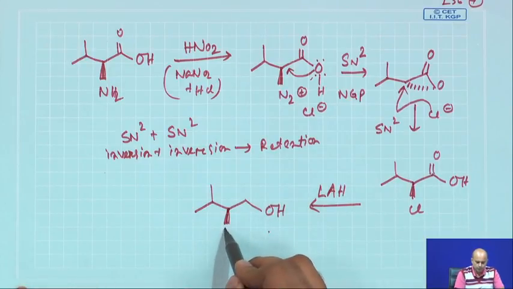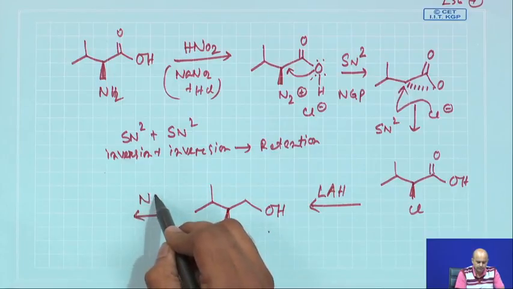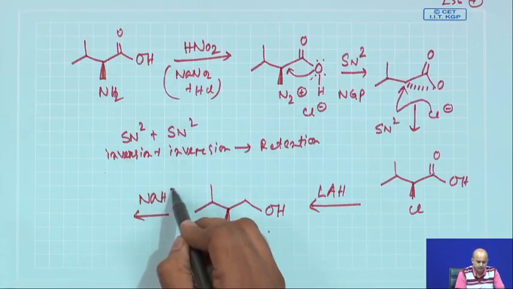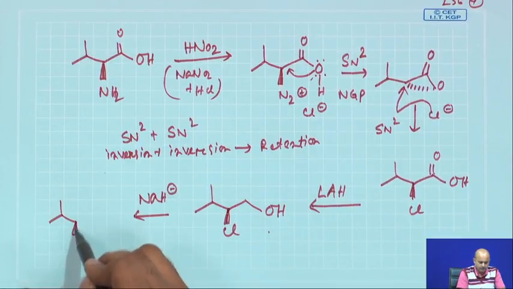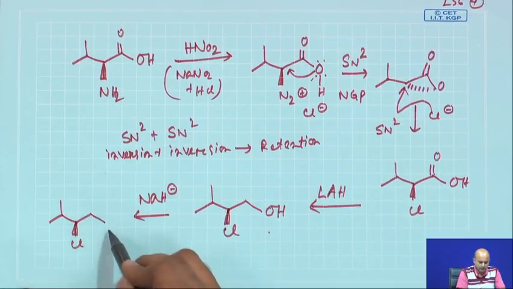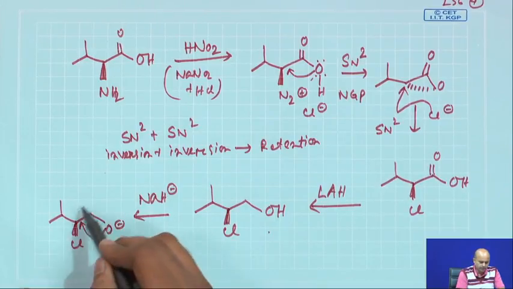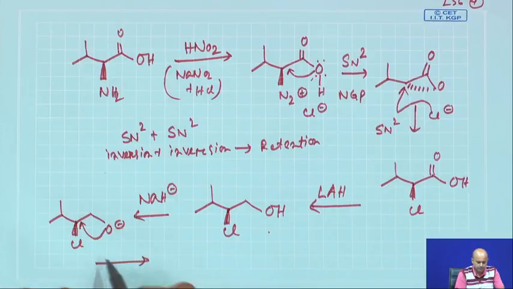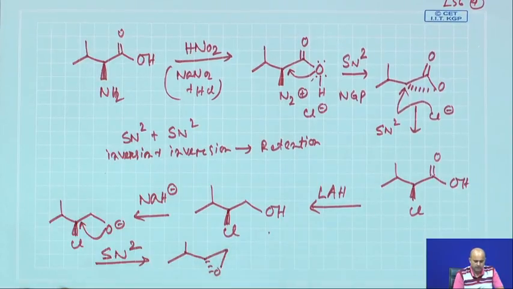Now, we are almost close to the synthesis. This primary alcohol you just treat with a base, sodium hydride, that will give you the alkoxide, and this alkoxide now reacts in an intramolecular fashion with backside attack, an SN2, which now gives you the epoxide as it is.